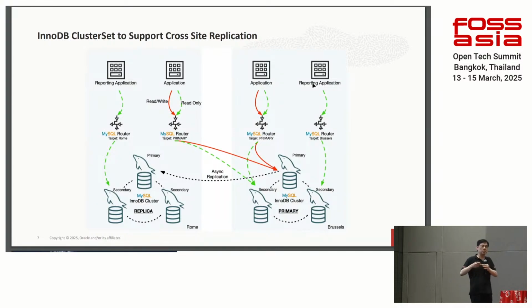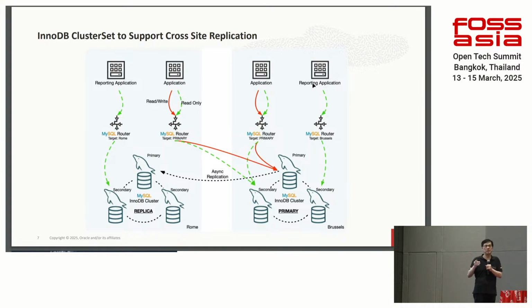And there's an architecture that sits on top of InnoDB Cluster we call InnoDB ClusterSet. It is for cross-site replication or cross-cluster replication. That means we can configure two or more clusters. Each cluster contains a certain number of MySQL database nodes.